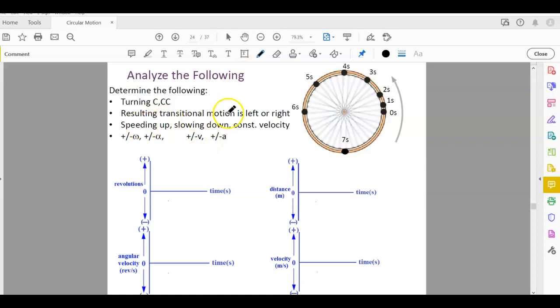Because omega and alpha are going to be in the z direction, counterclockwise is the positive revolution. And this should be displacement, not distance.